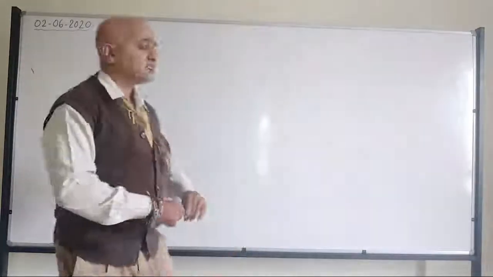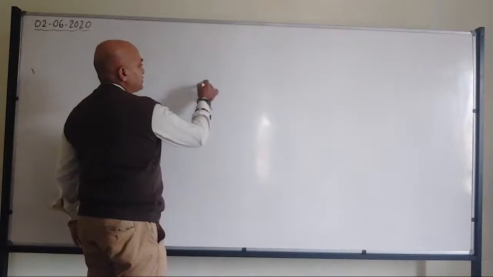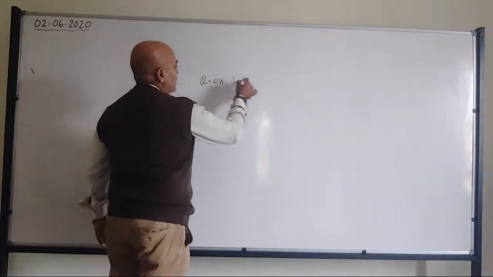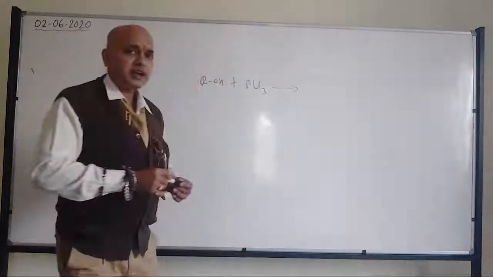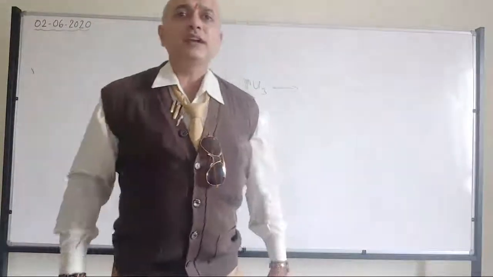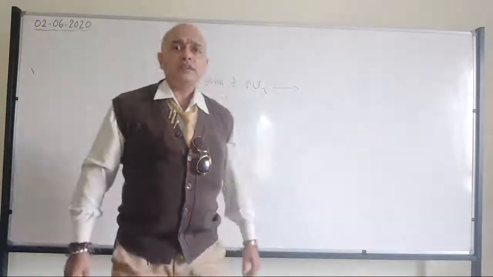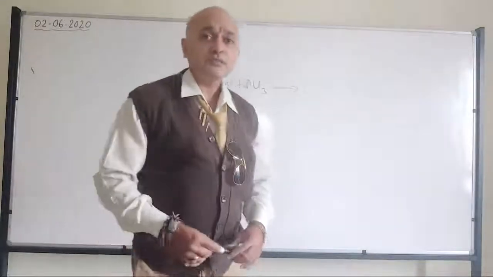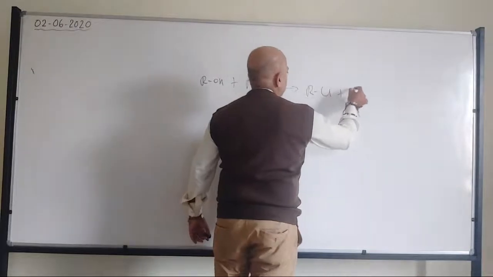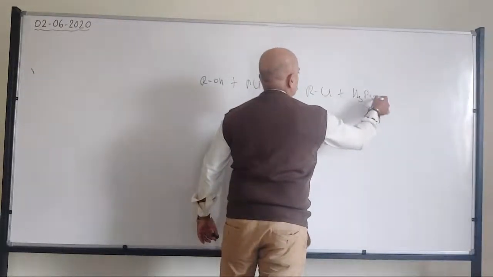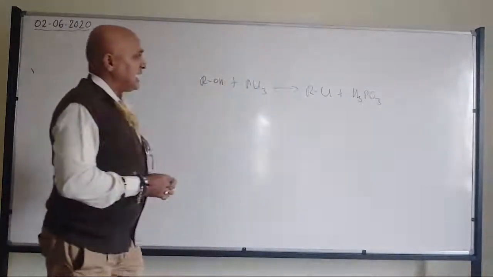Next, we discussed the reaction between alcohol and phosphorus trichloride. You can talk about phosphorus pentachloride also; in the P block we have discussed it, right? With PCl3 we have RCl and H3PO3, orthophosphorus acid.